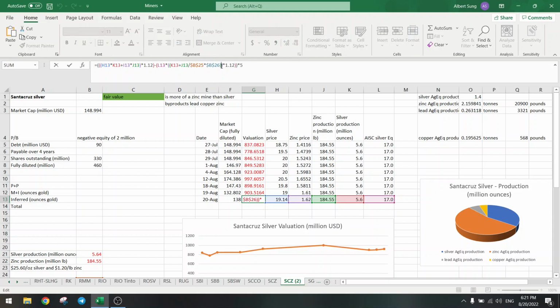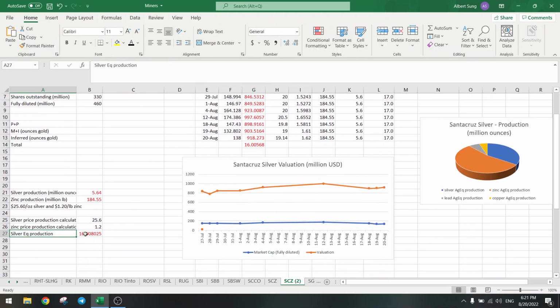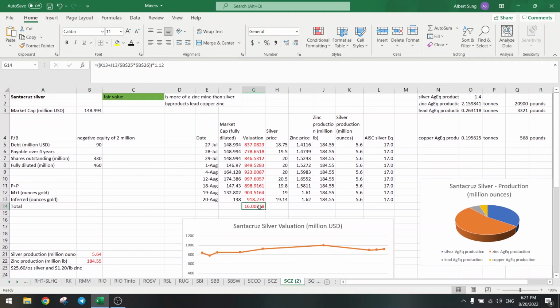So this is coming from this. This is coming from here. So we need to have this. Okay, so this gives 16 million silver equivalent production, right? So it's correct.